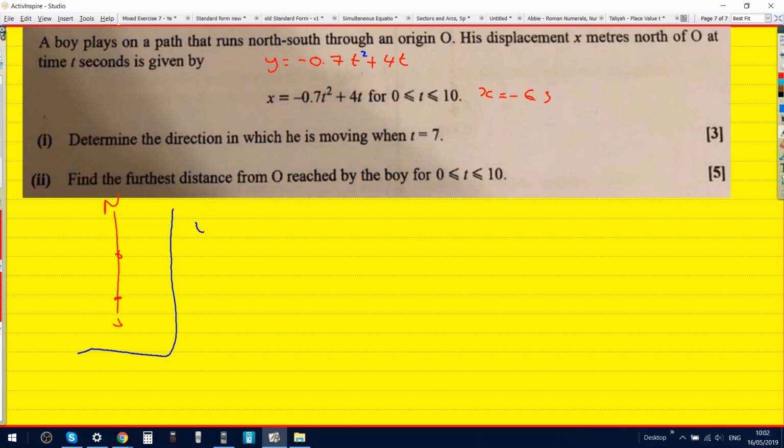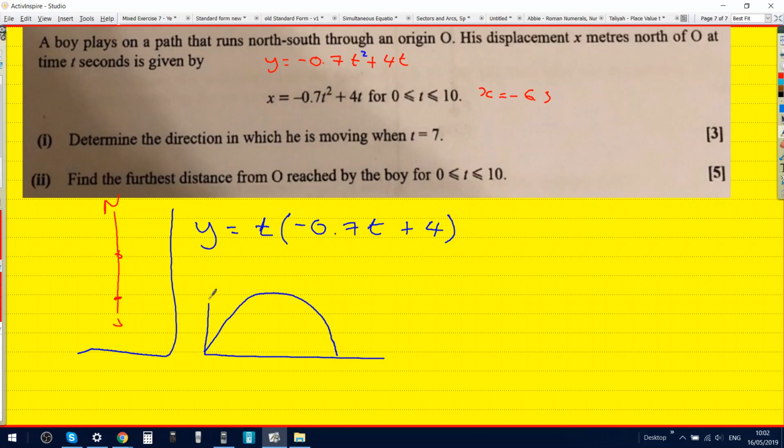Yeah, go on, we'll do it there. So I think factorize out t. There's a few different ways to do it. Either you just draw the graph, so it's a negative quadratic, and it's going to look something like that.